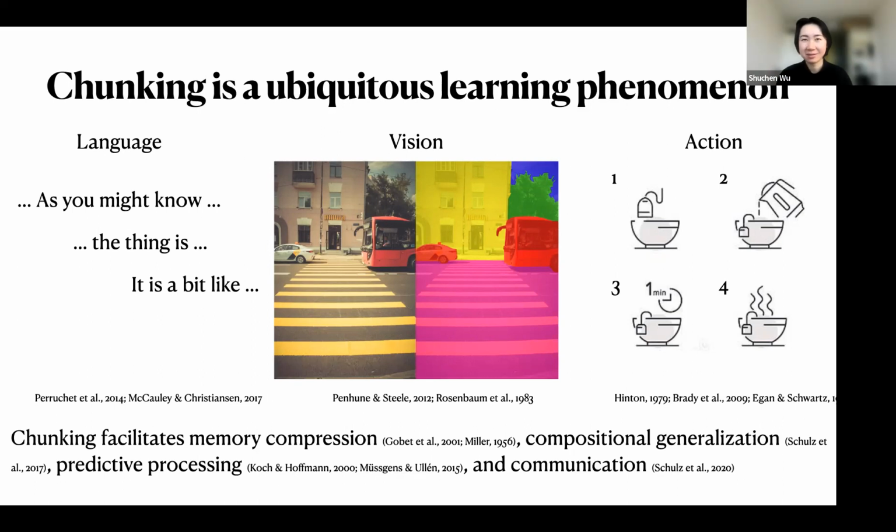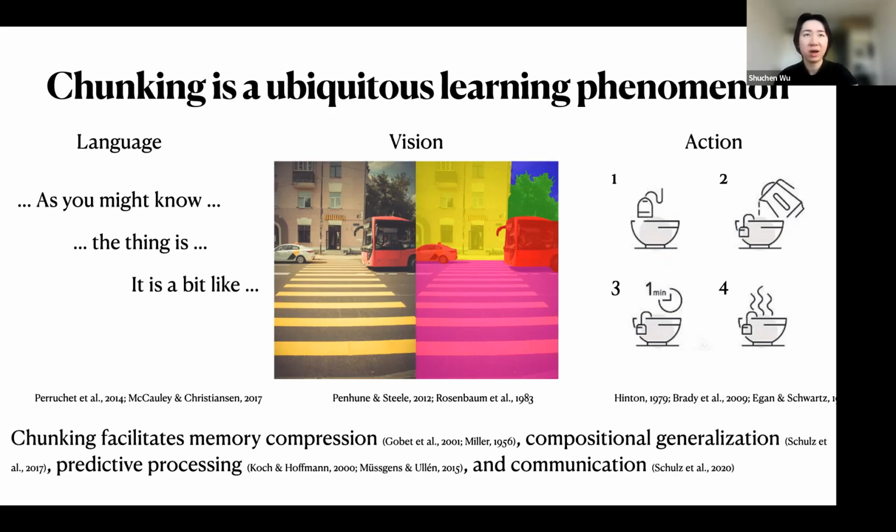It's not just humans, people have shown that monkeys and pigeons do chunking as well. So my question was, does it say something about the underlying perceptual data itself? Is there some structure inside perceptual data that makes chunking a good strategy to discover the relations between objects and items in the world?